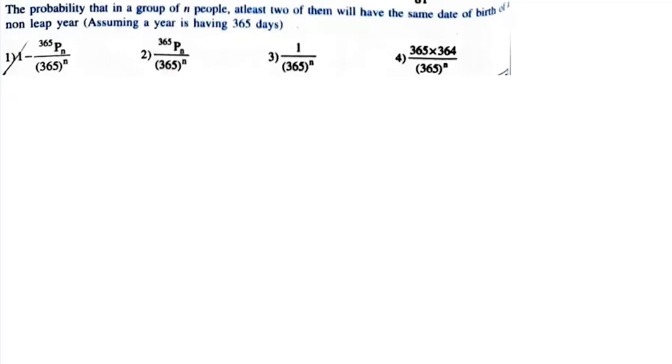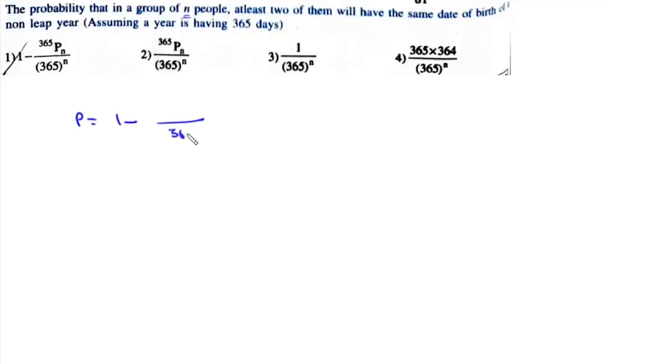Now here the question is the probability that in a group of n people, at least 2 of them will have the same date of birth of a non-leap year, assuming a year to have 365 days. So this required probability we have to find out using its complement. So what we'll do is we'll find 1 minus the probability that none of them have the same date of birth. Now for these n people each, we have 365 possibilities.